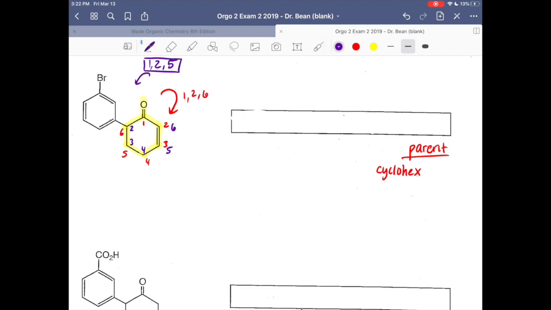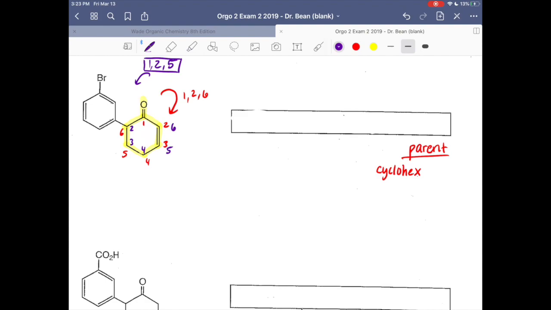The point is that once you have established your ketone is your highest priority group, then if we're trying to figure out the numbering from that, you have to make the decision based upon getting those substituents on the lowest number possible. You see what I mean? It is not based upon their alphabetical order.